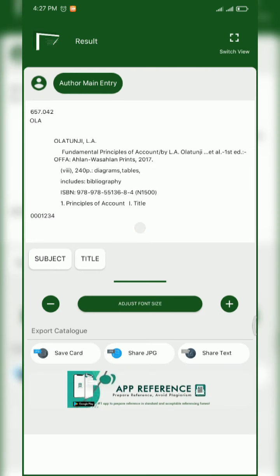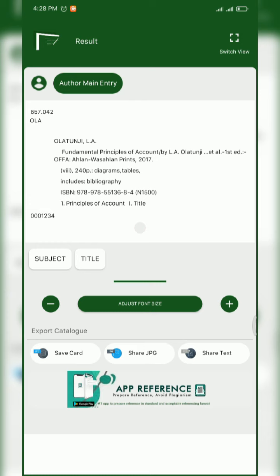So this is how the entry will look. You can see from the title statement, Fundamental Principle of Accounting by Eli Olatunji et al. When you are seeing this in any catalog card, it means this book has more than 3 authors that are not represented here.